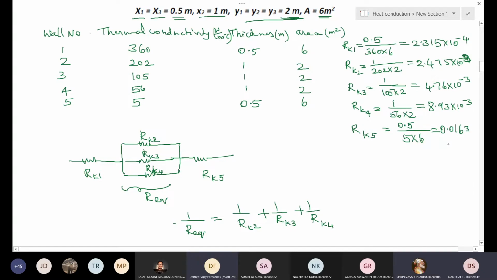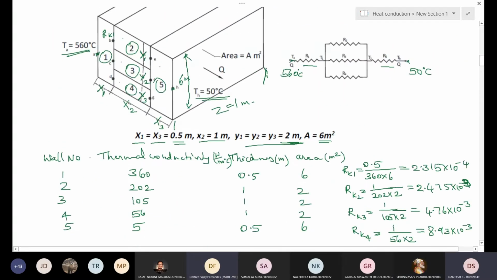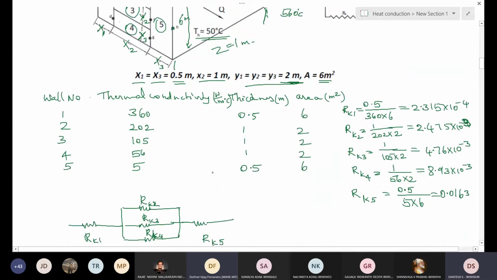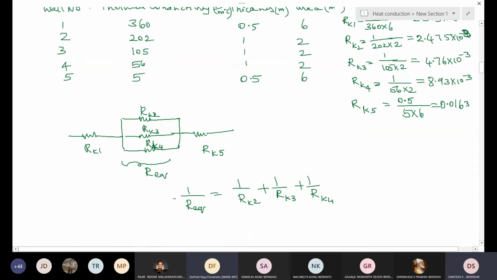The TH is not given. TH is given in the figure. It is 50 there. Yes, it's given. So now you have to calculate first R equivalent.